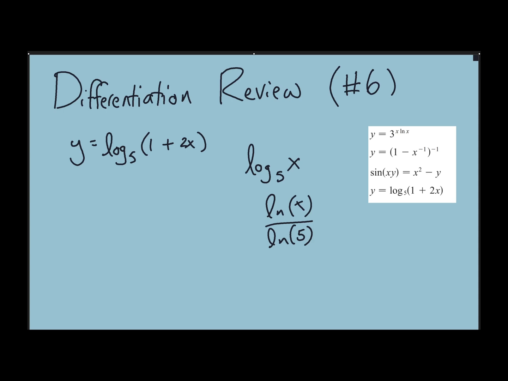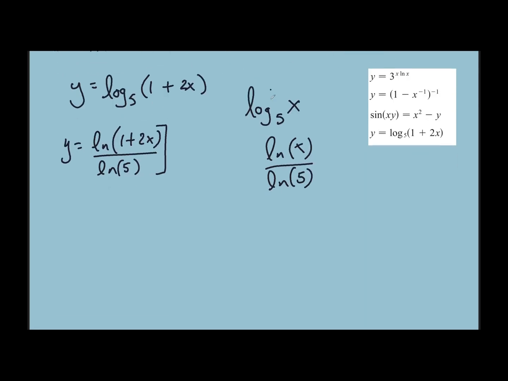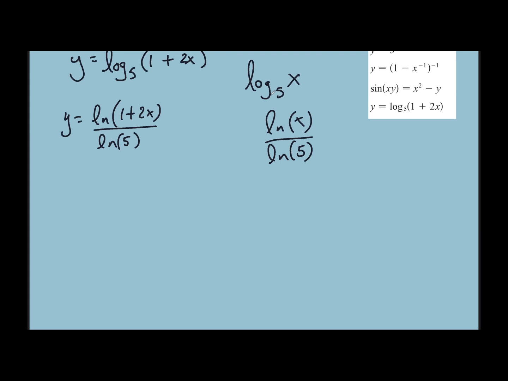Now, how do we change this here? Well, we would say y equals ln of 1 plus 2x divided by ln of 5. Now we have a simple quotient rule. You don't actually need a function of x on both sides to use a quotient rule. It's not actually that hard.